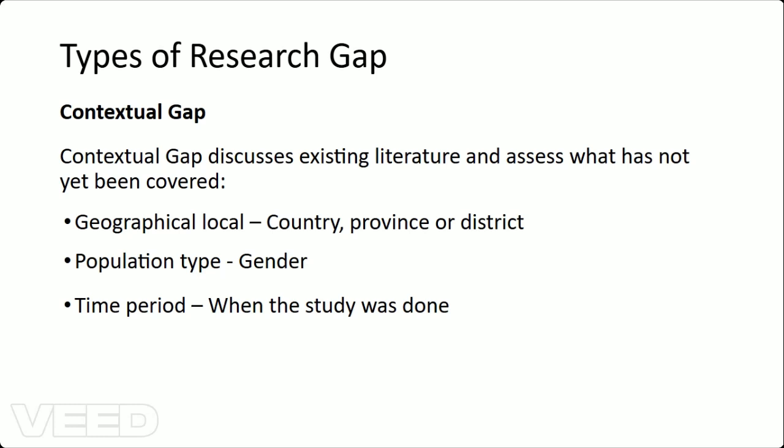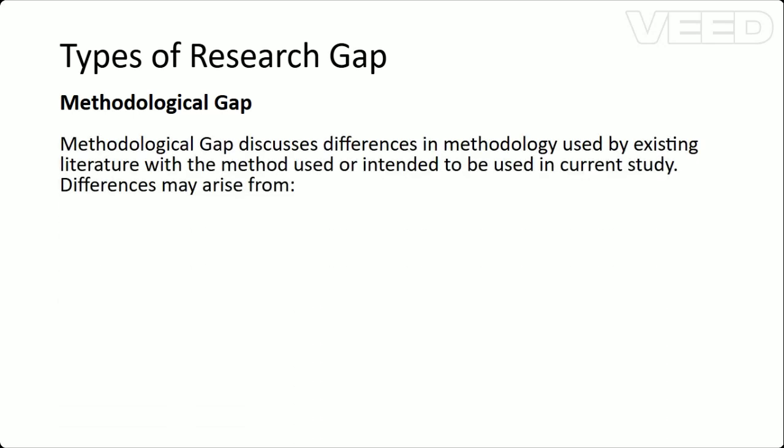So, like I said, there is a contextual gap and a methodological gap. So, what's under the methodological gap? The methodological gap discusses the difference in methodology used by existing literature, especially the methods they used, or intended to be used in the current study.